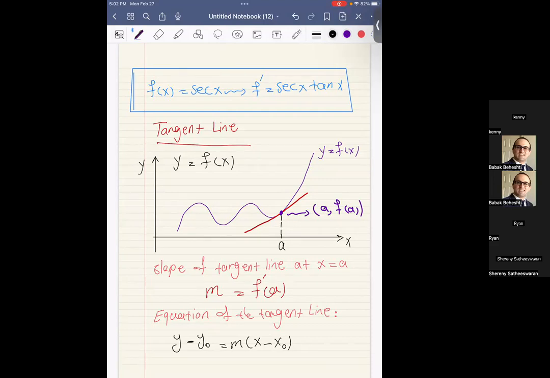That means the equation would be y minus f of a is equal to m, which is equal to f prime of a, times x minus a. And this is the equation of the tangent line.